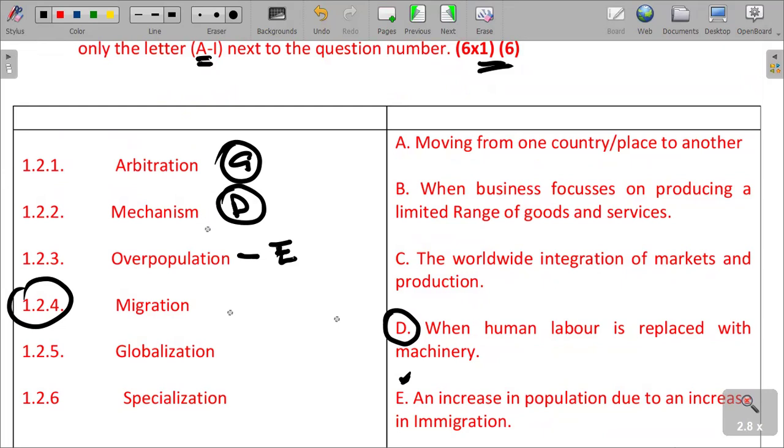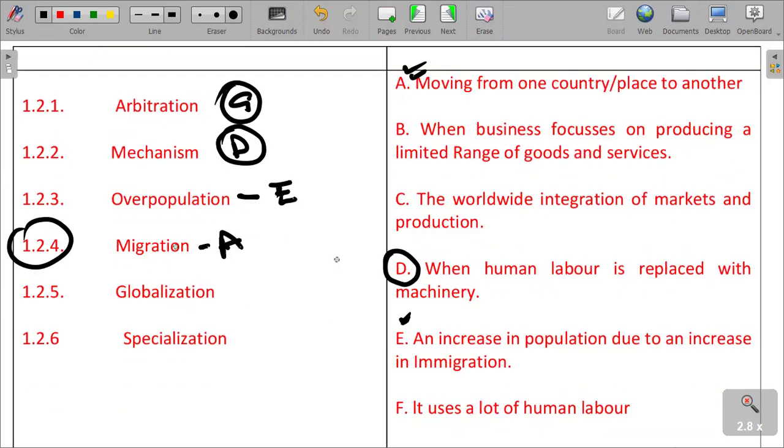So migration is defined by A, a movement of people from one country or place to another, for whatever reasons: in search of greener pastures, or running away from life-threatening events and problems.